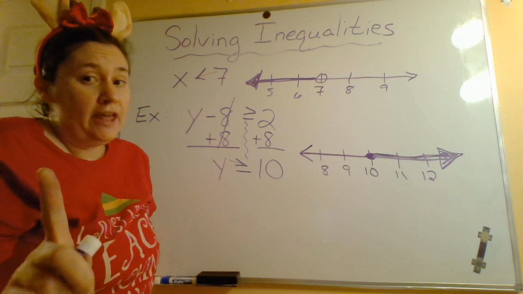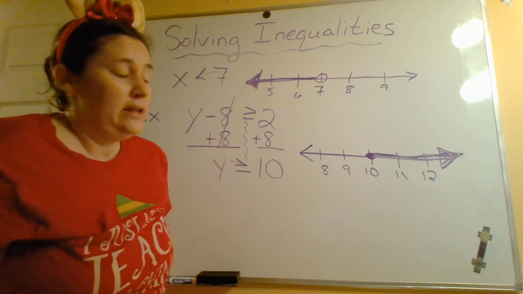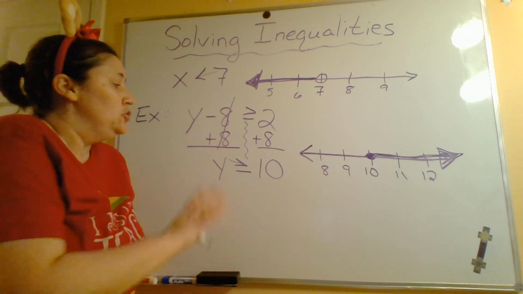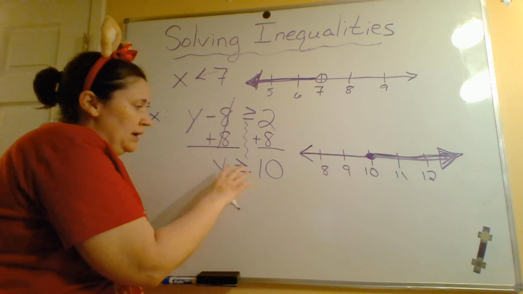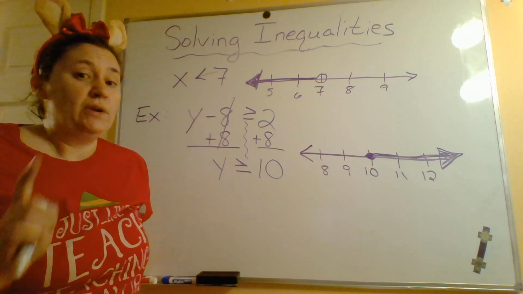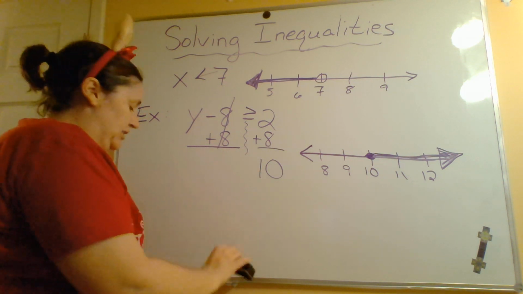There is one thing that's really important that I need to tell you all. You need to listen to this. When we eventually have a test or a quiz on this, you have to write your answer as a variable, a sign, and a number. And I know some of you don't like that. When we were solving equations, a lot of you would just write that the answer is 10.